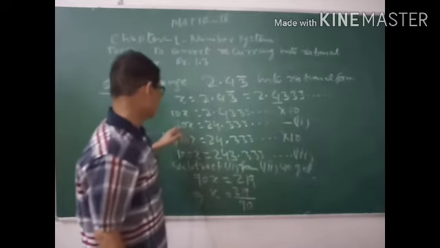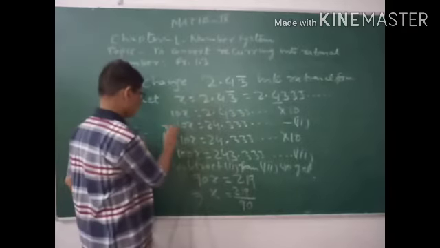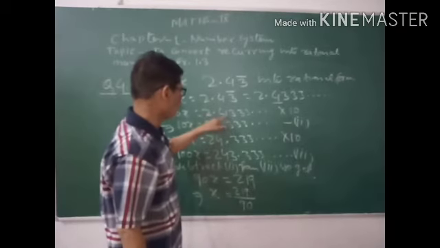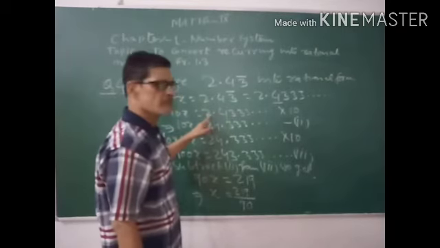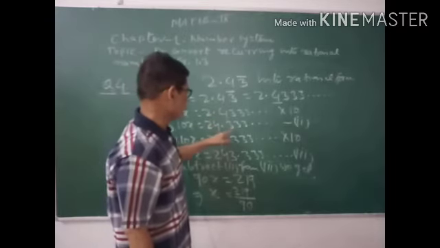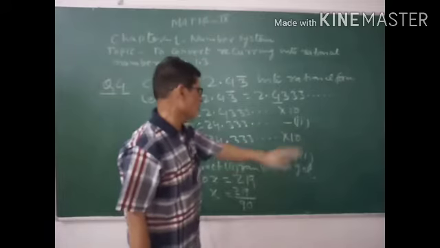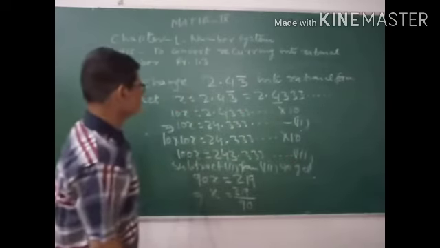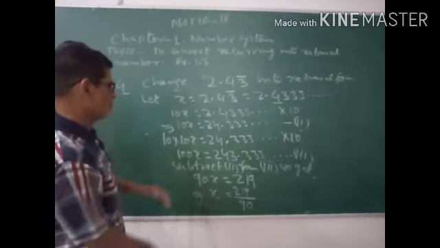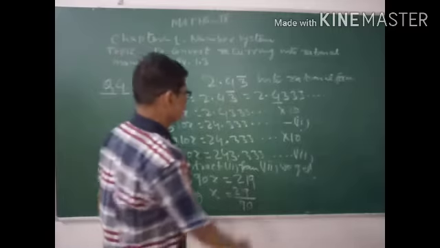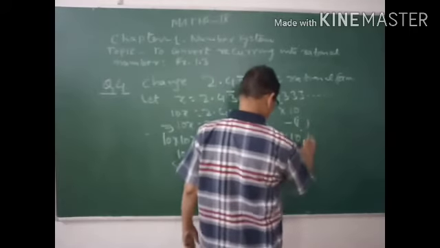So certainly this will become 10x equal to 24. Now 4 has come out of the decimal. This will become 24.333 dot dot dot. This is equation second. Now this is equation not second but first.